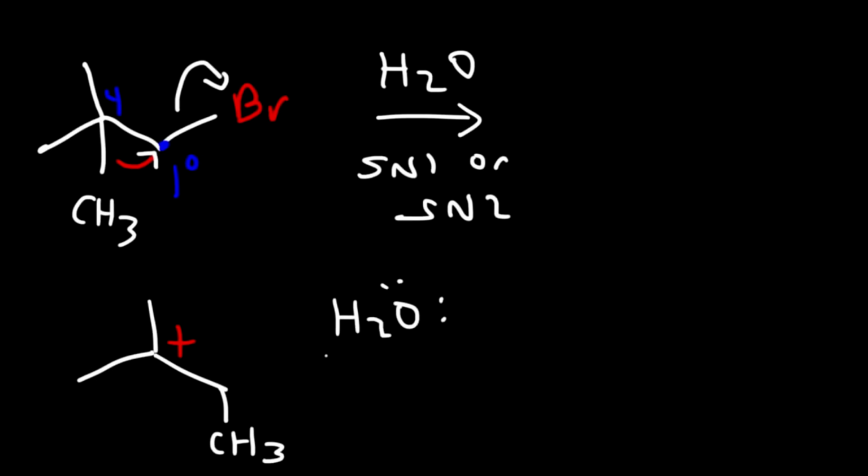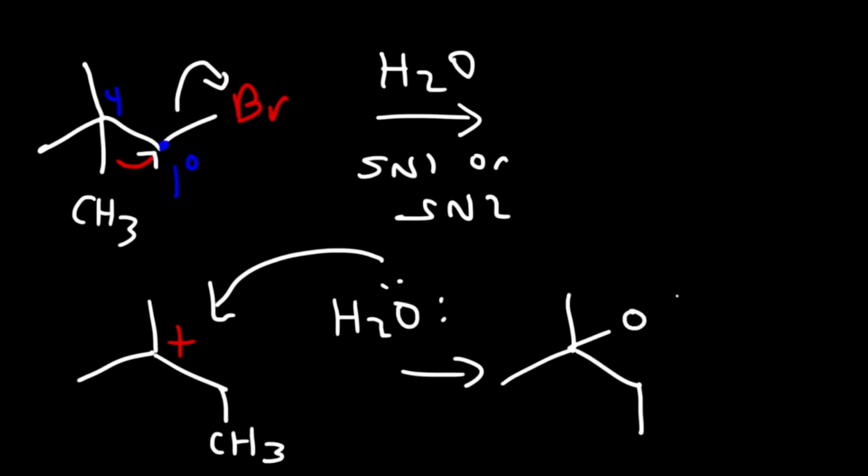I feel like I'm missing a carbon. Let's see, 1, 2, 3, 4, 5. I want to make sure I had that right. So now the water is going to attack the carbocation, giving us this intermediate, and we know the final step is the removal of a proton.